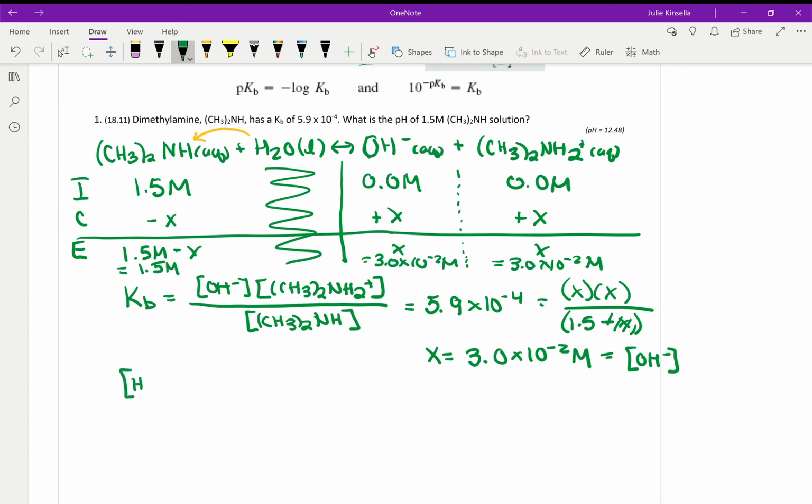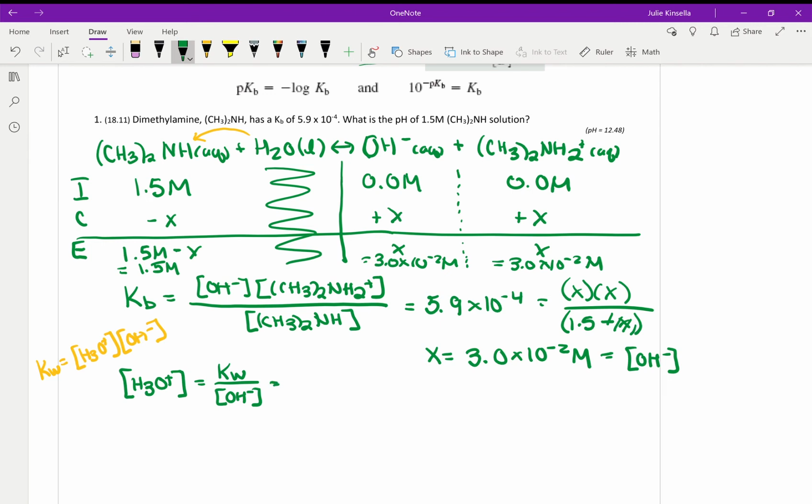So here the concentration of my hydronium would be equal to the Kw divided by my hydroxide. And that is because when we did the autoionization of water, we talked about how the concentration of hydronium multiplied by the concentration of hydroxide gives our Kw.